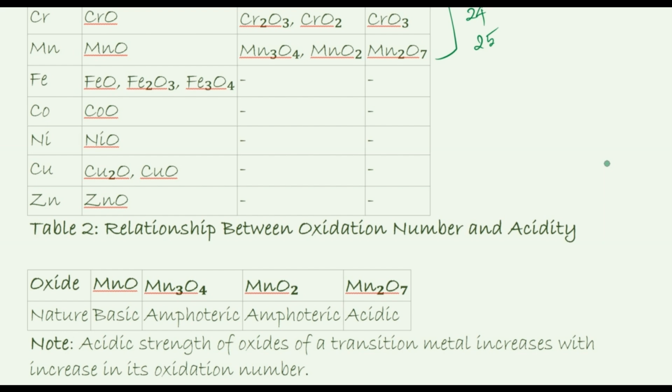In the +7 oxidation state, usually higher oxidation states are acidic in nature. You can see that in the above table also. And basic is MnO, +2 oxidation state. Acidic strength of oxides of a transition metal increases with increase in oxidation number. Point to be noted. So that's it about the oxidation state.